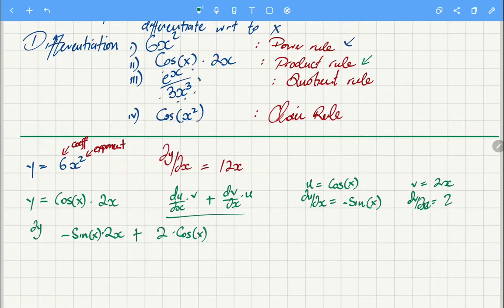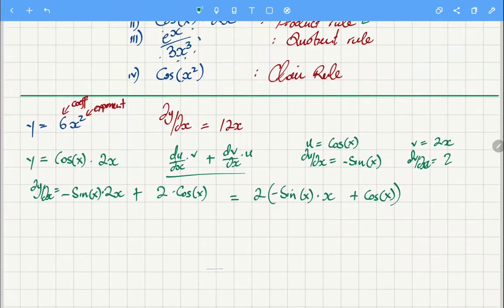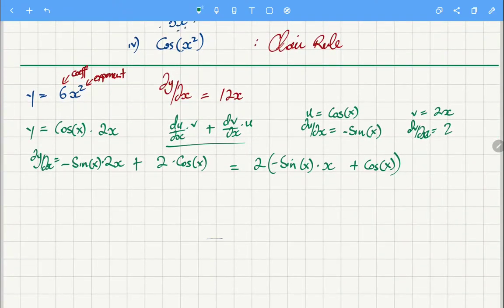So that's my dy over dx. Again, further, we can just factor out 2. So 2 times minus sin x times x plus cos x. Okay, so that's our final answer. That's the derivative of that function.